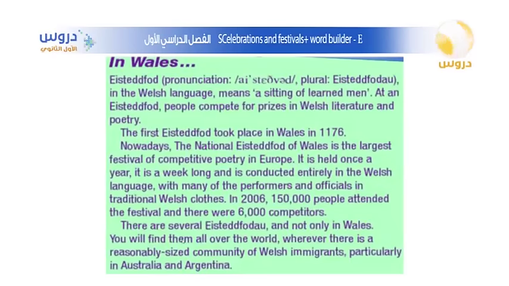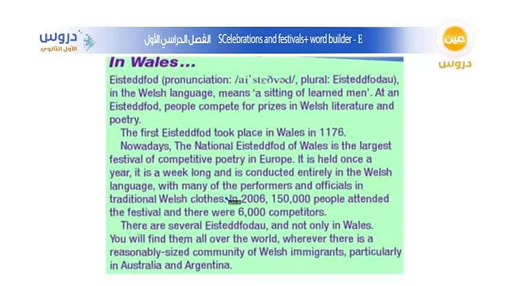That's what? That's a festival. And I'm just going to type the two forms of the plural for this word.